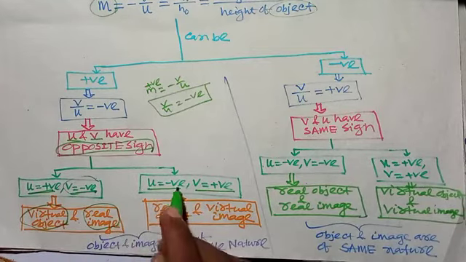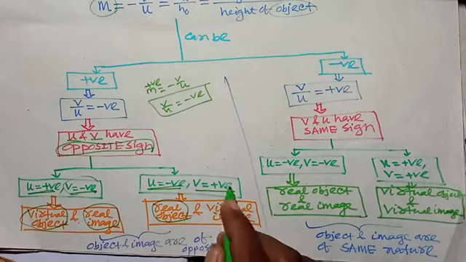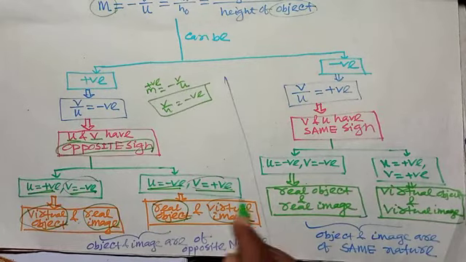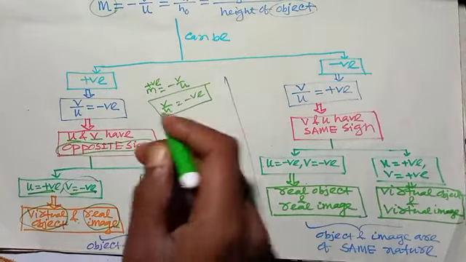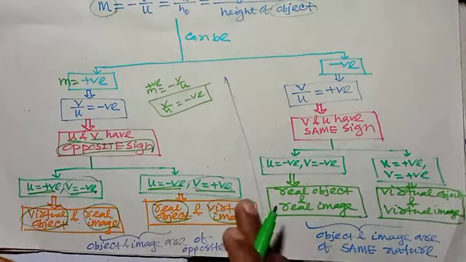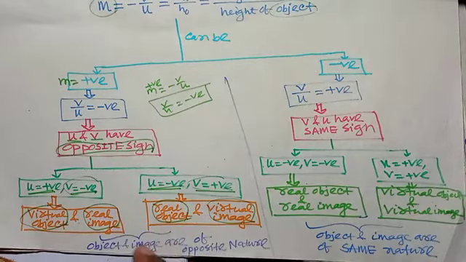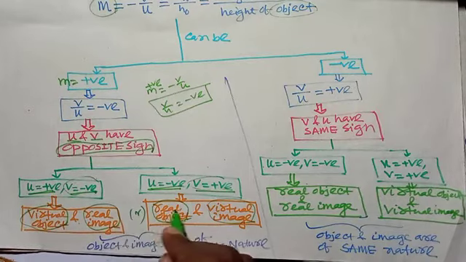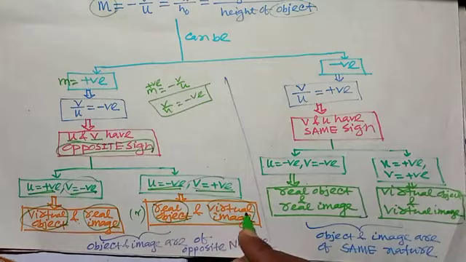Similarly when u is negative, it is a real object, and v positive means it is a virtual image. So when m is positive, there are two cases: the object will be a virtual object and the image will be a real image, or the object will be a real object but the image will be a virtual image.